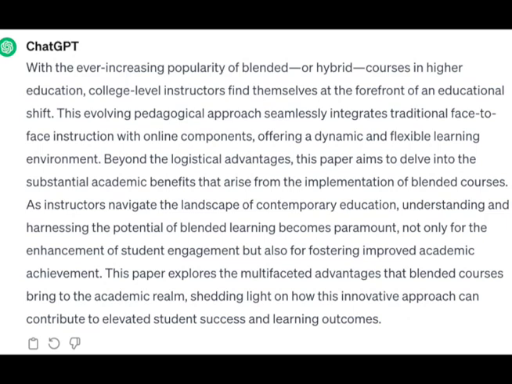This paper explores the multifaceted advantages, whatever they may be, that blended courses bring to the academic realm, shedding light on how this innovative approach can contribute to elevated student success and learning outcomes.